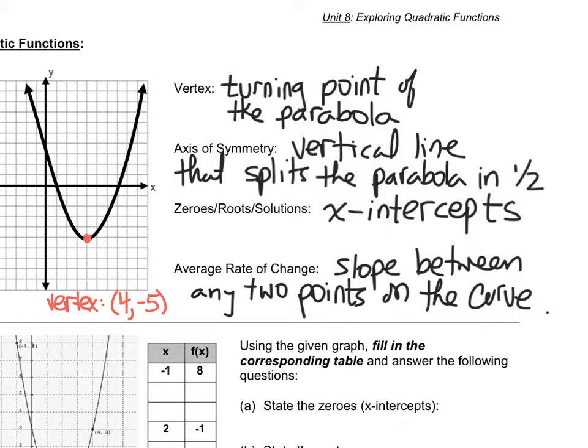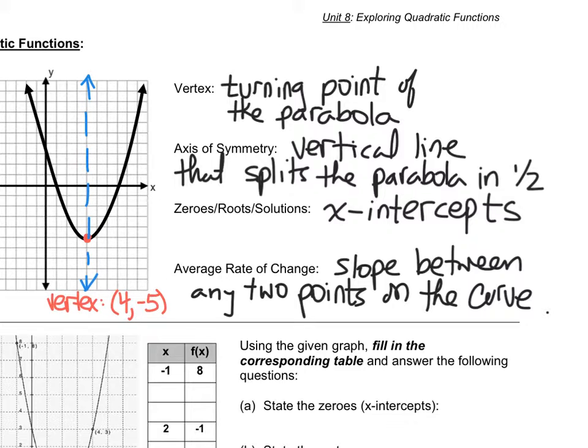Next up is the axis of symmetry, a vertical line that splits the parabola in half. Good news about this is, if you know that the vertex is going to be right smack dab in the middle of the parabola, then the vertical line that splits it in half has to go through the vertex. So I can draw, I'll do it as a dashed line here.